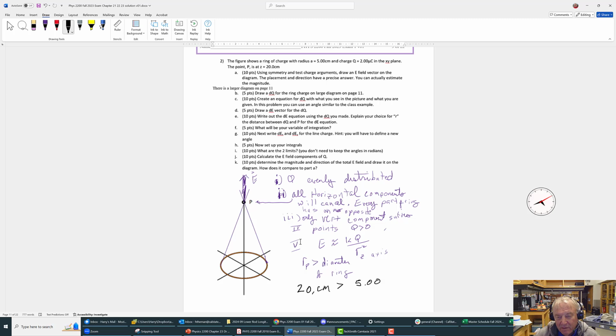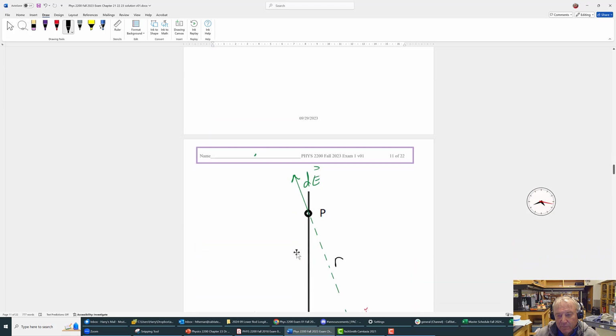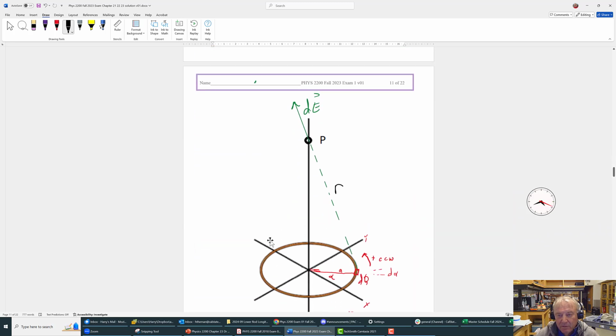That's why I can kind of approximate it by being up that high. Let's call this B. So A equals 5.00 times 10 to the minus 2 meters.